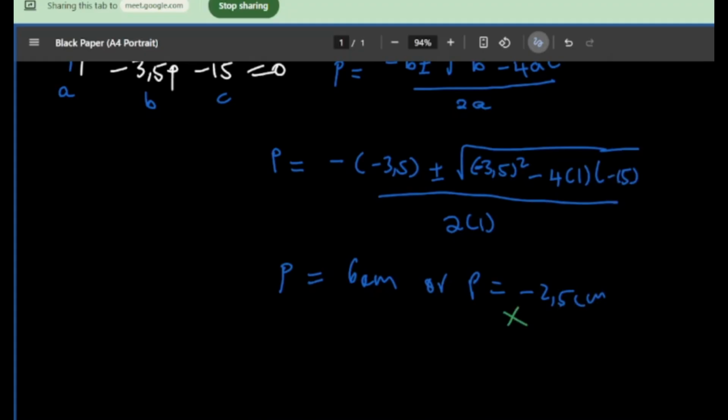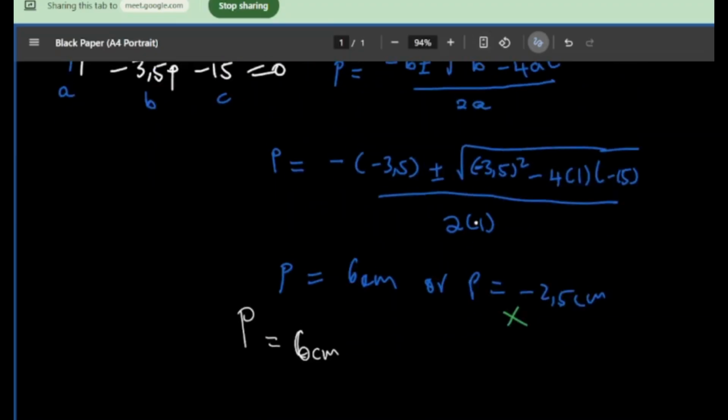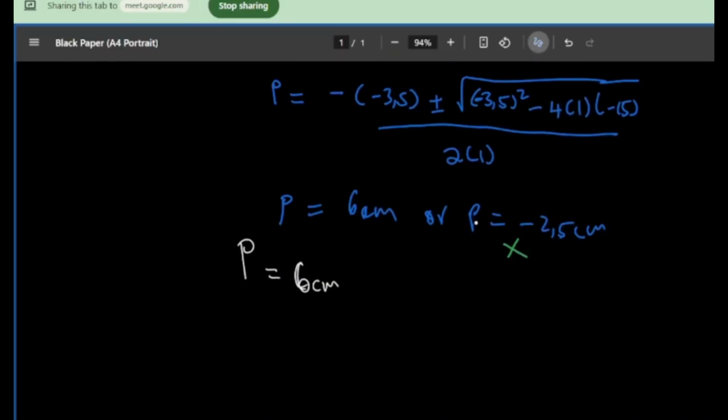The value of p can never be negative. So this gives us p to be 6 centimeters. Then you are done. We can answer this and say RS is 6 centimeters.